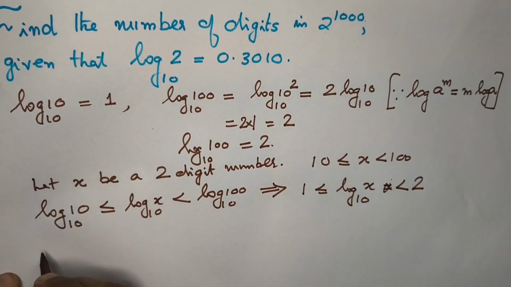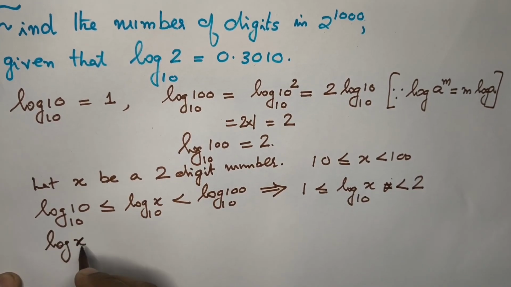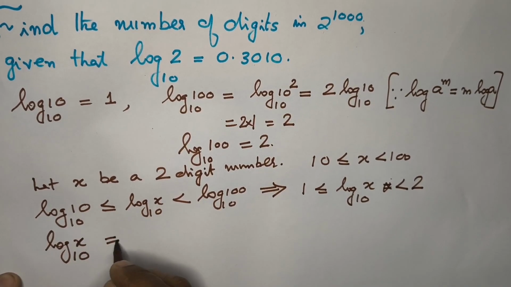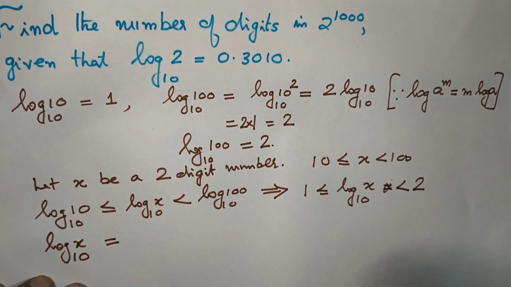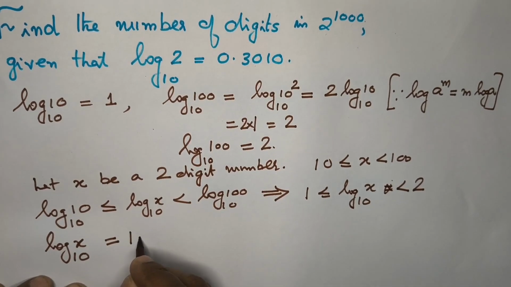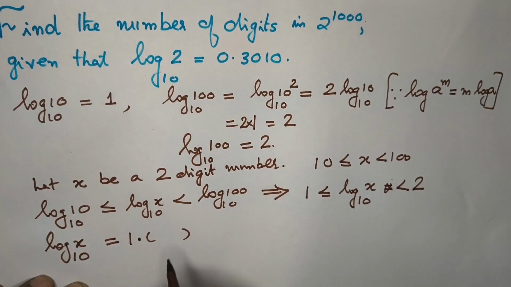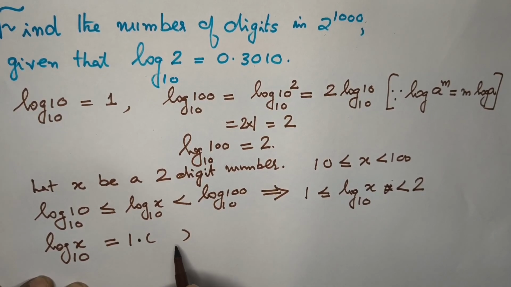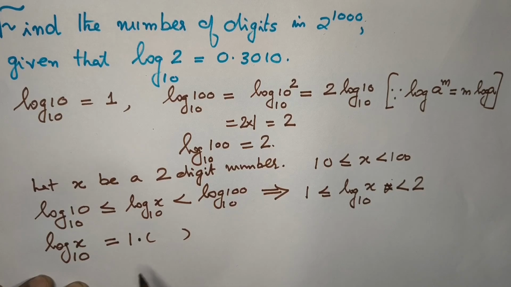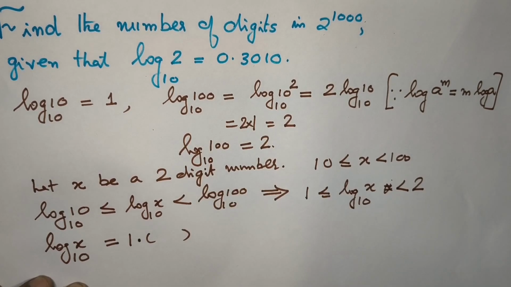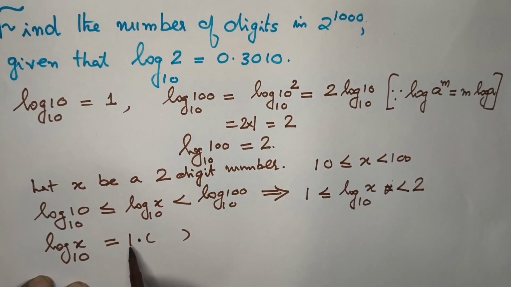Rather, log x to the base 10 will be a number above 1 and below 2, which you can write like this: 1 point some decimal numbers. We are not interested in the decimal figure because that won't be needed for finding the number of digits in the given problem. Let's focus on the integral part.